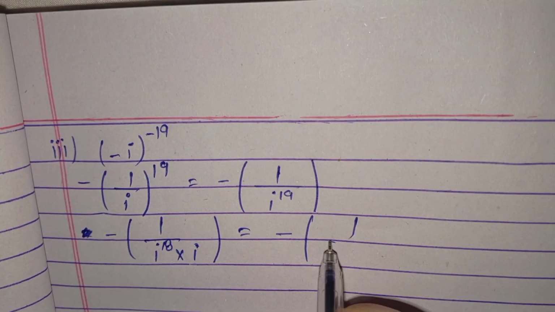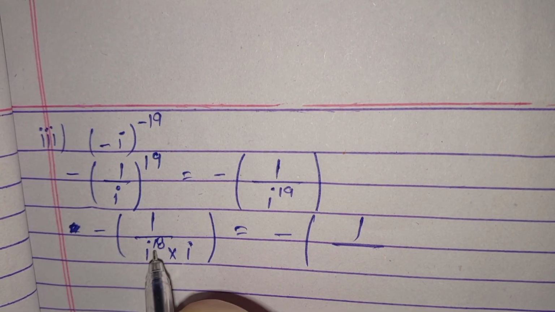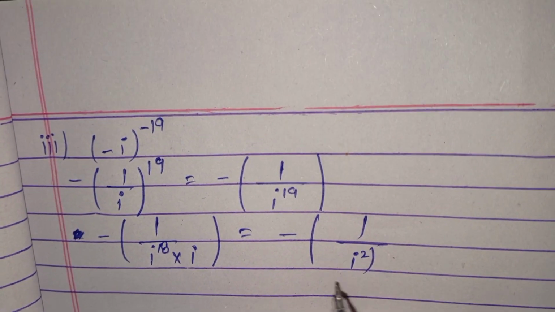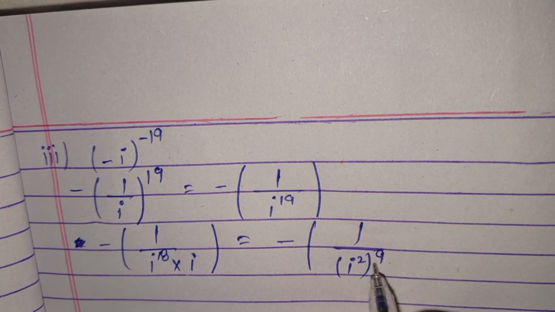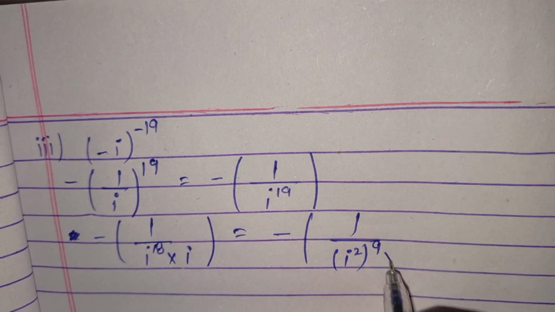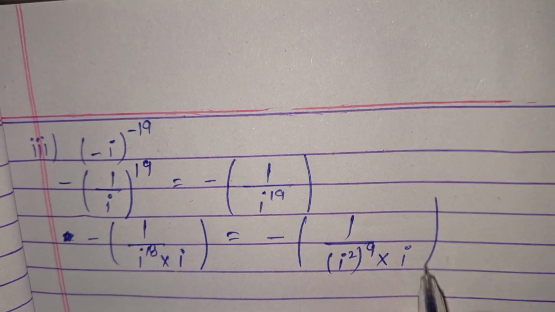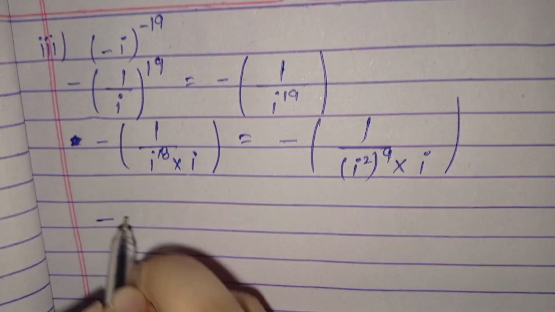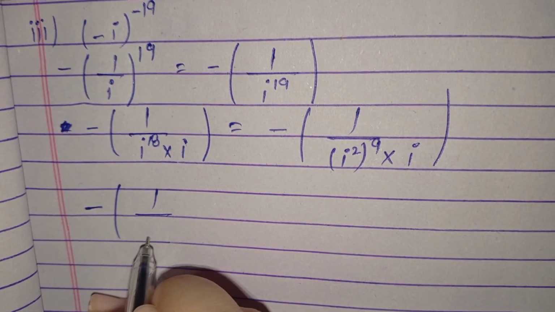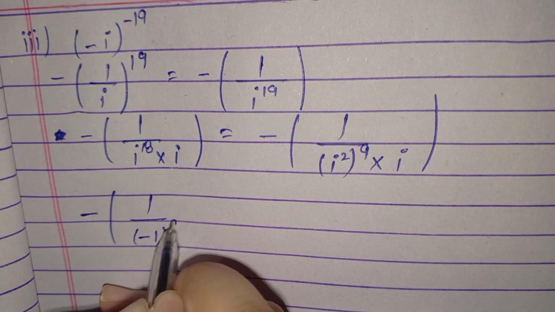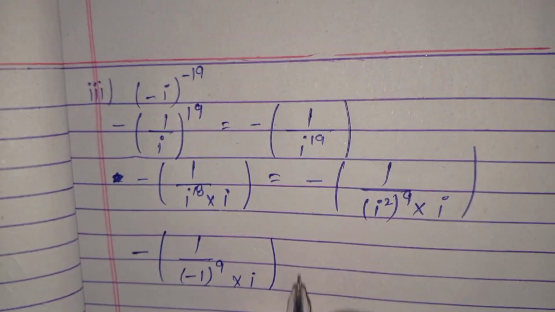Minus outside the bracket, 1 over iota square power 9, since 2 nines are 18, we know that, multiplied by iota. Then negative outside, 1 over (iota square) which is (-1) power 9 cross iota.